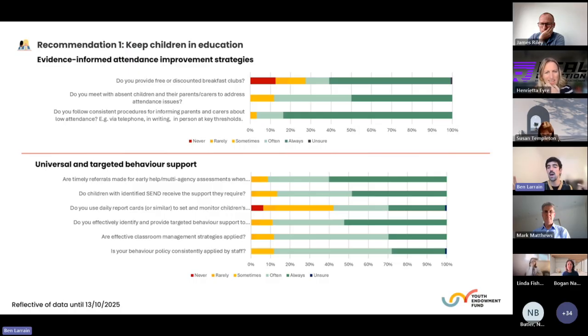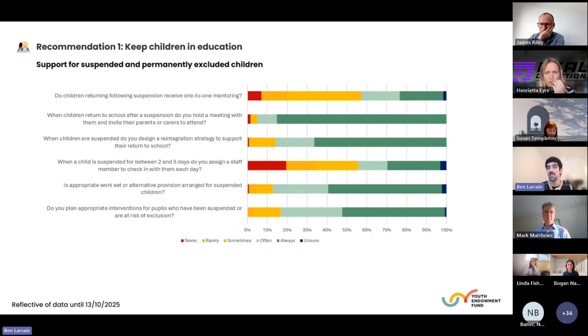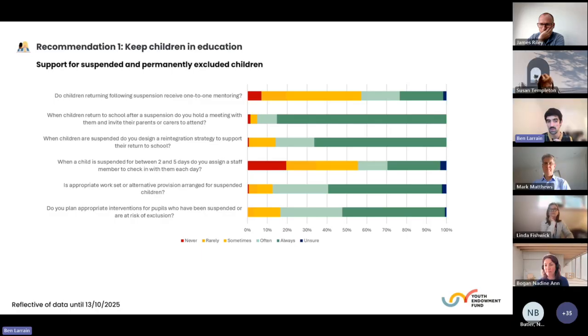This would be a summary of practice across the region. So in this example, you can see that the schools in this group have generally quite strong alignment to a lot of the questions across key recommendation number 1. But in the third section, there are perhaps weaknesses in the first question around providing mentoring to children that are returning from suspension.